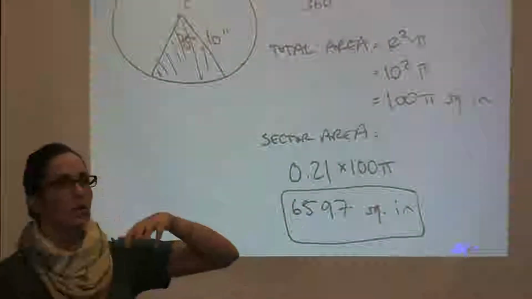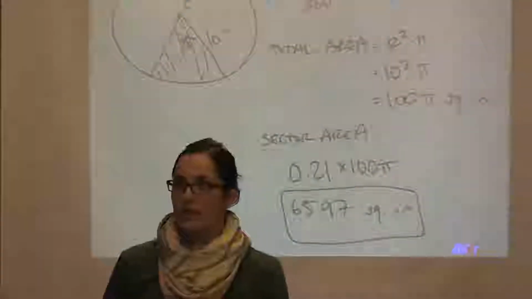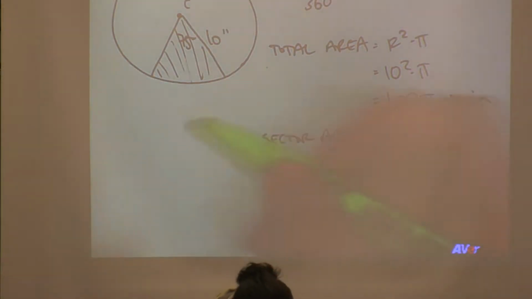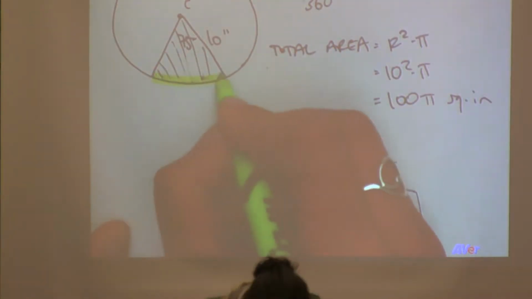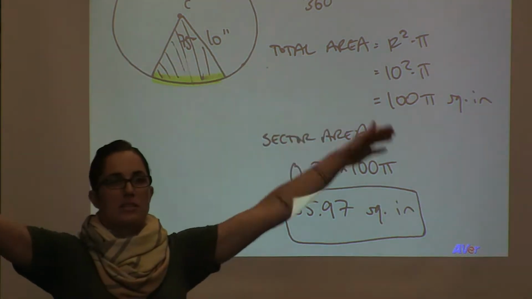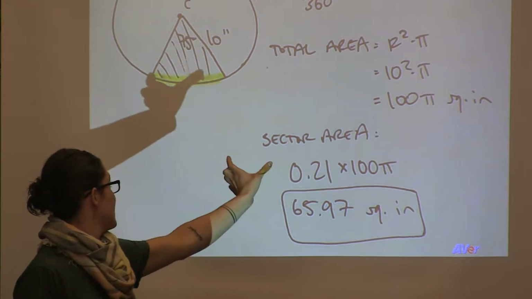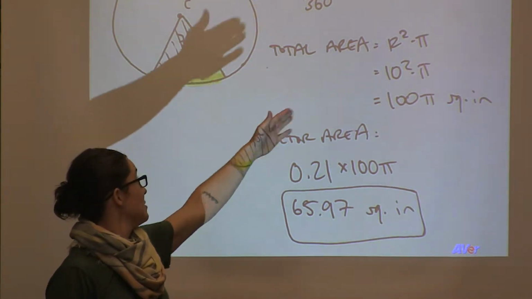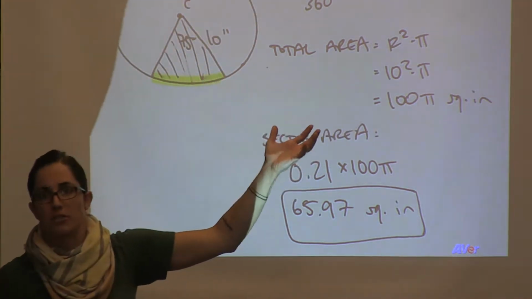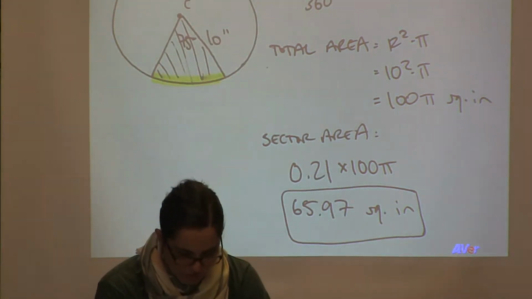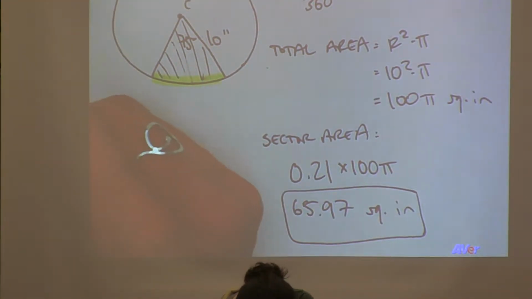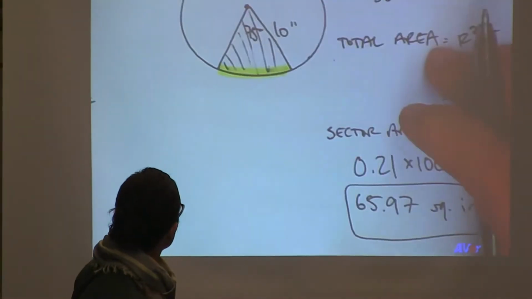Okay, so now we're going to do pretty much the same thing, except when I'm talking about arc length, when I'm talking about this distance right here, now I'm talking about a portion of the circumference. So I'm talking about that distance around the circle and saying, okay, I want this portion of the circumference. And it's going to be the same portion. It's going to be about 20% of the circumference as well. So to find the arc length, first I'm going to find the circumference of the whole circle.